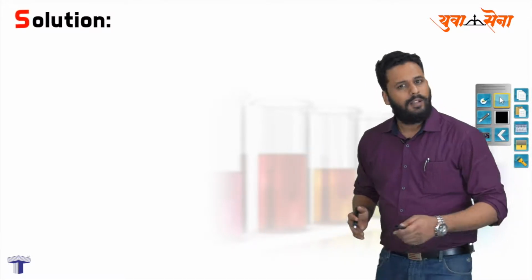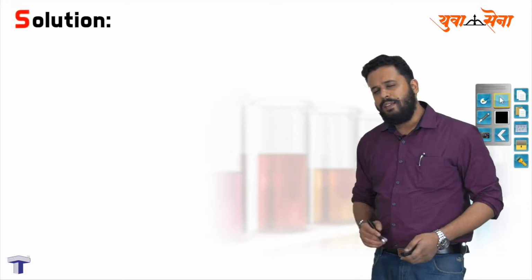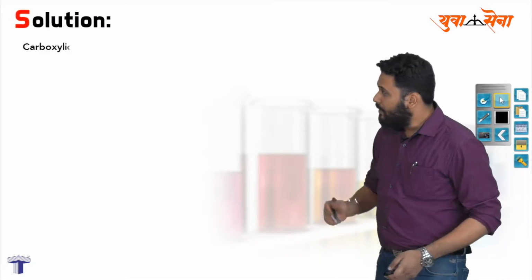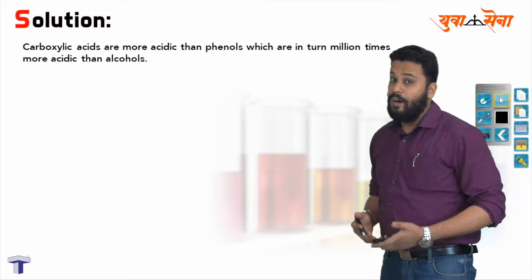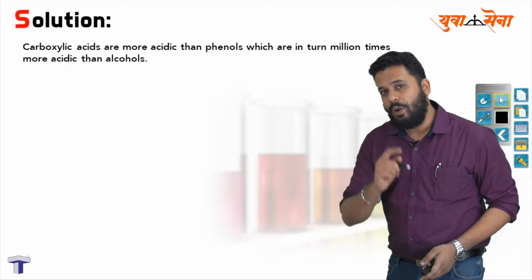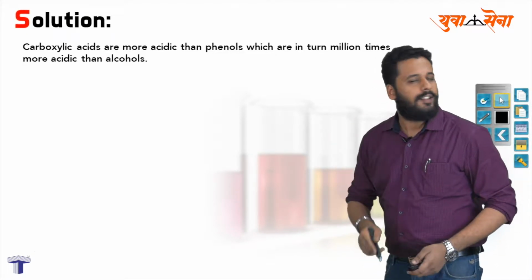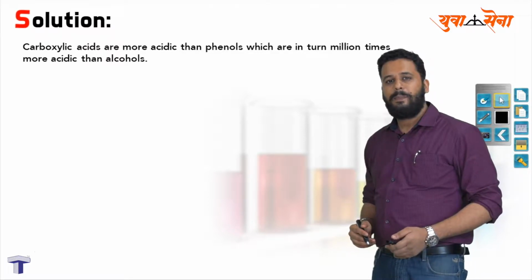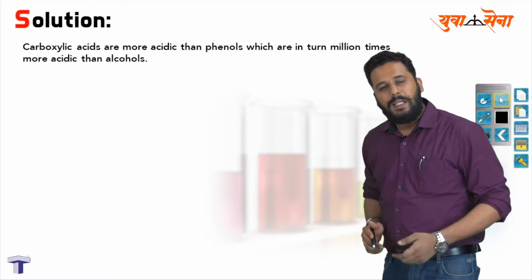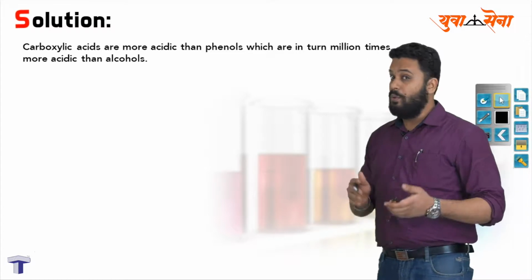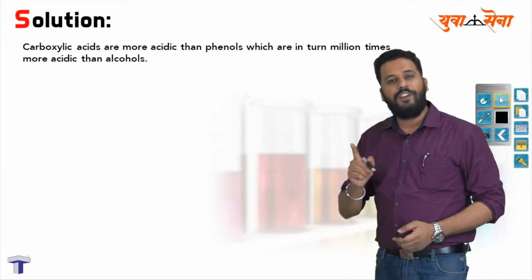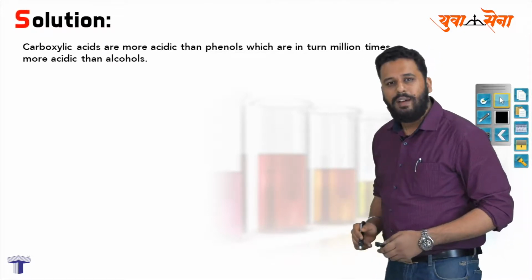Now, this thing is known to all of us that carboxylic acids are more acidic than phenols, and phenols are even more acidic than alcohols. So, on the acidity scale, carboxylic acids are the most acidic, then we have phenols, and then we have alcohols.